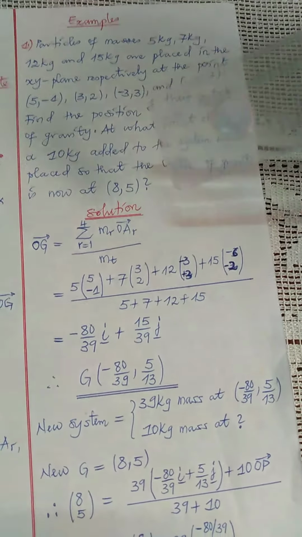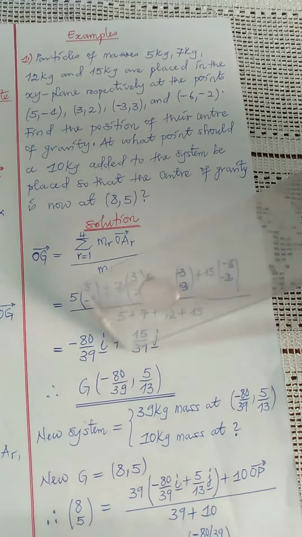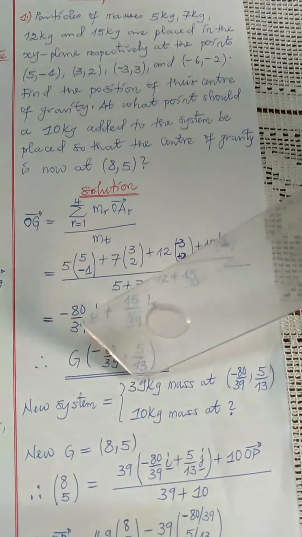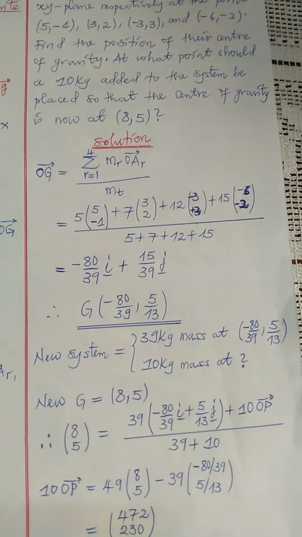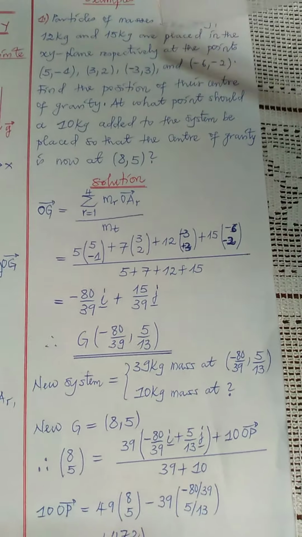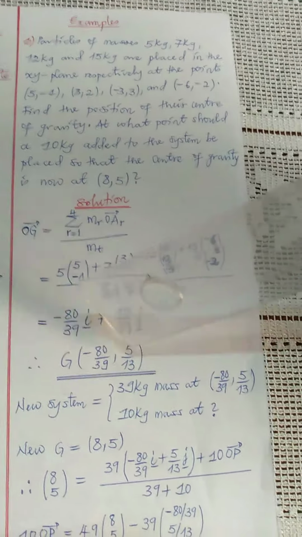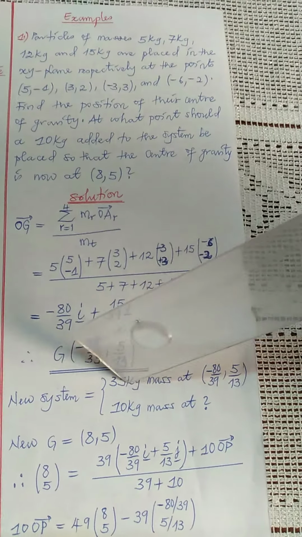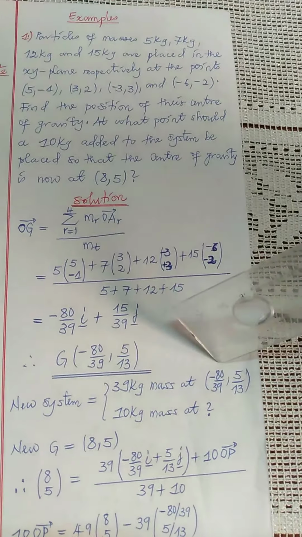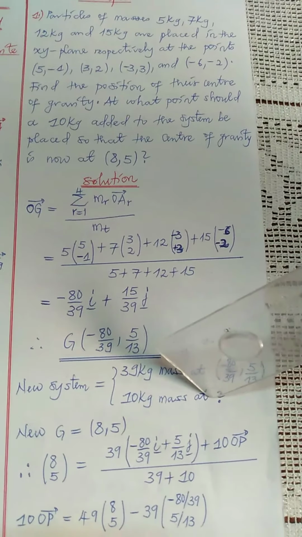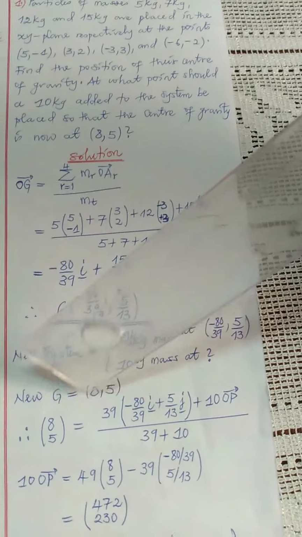So here we simply consider the initial system as equivalent to a unique mass, a total mass of 39 kg. That means that all these masses combined are concentrated at what point? At the center of gravity. So a total mass of 39 kg at their center of gravity with our new mass of 10 kg at an unknown point. So the center of gravity of this new system is the point 8.5.